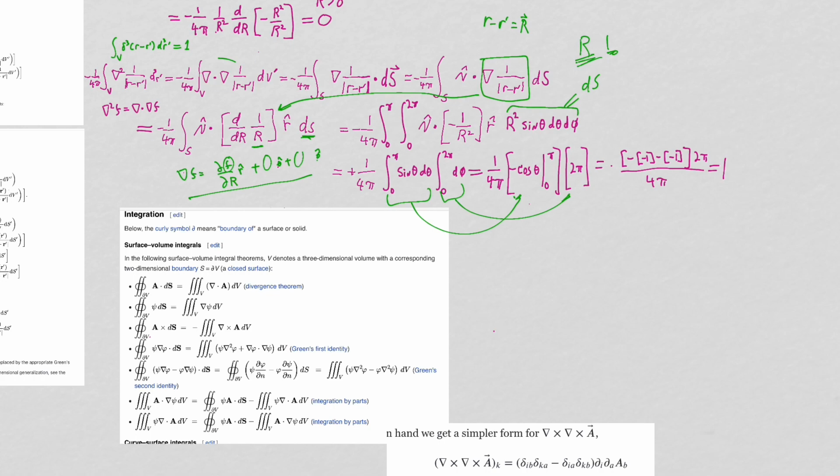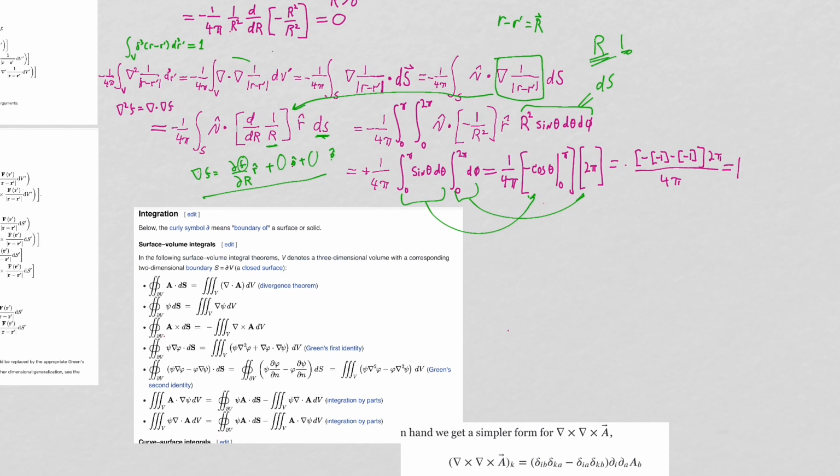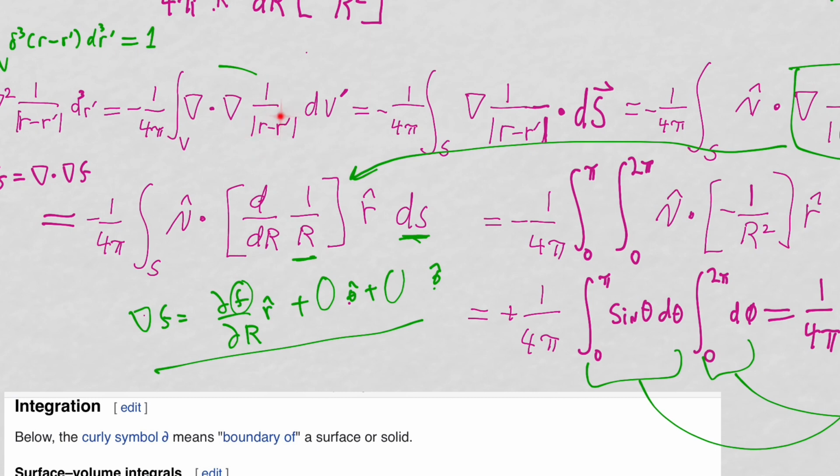Well, it's complete except for the one possible point that we integrated over a sphere of radius 1. And it is important to note that this is true for any shape as long as it includes the point r prime equals r. As long as it includes the origin, I guess, when you make this variable substitution.